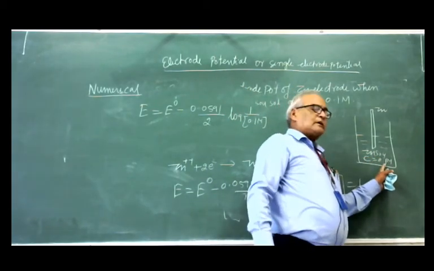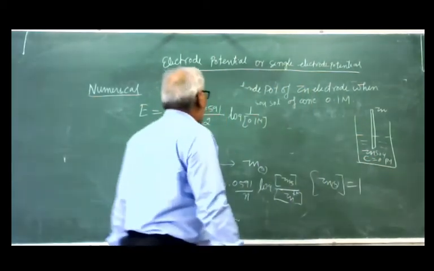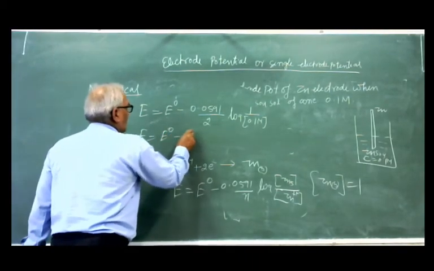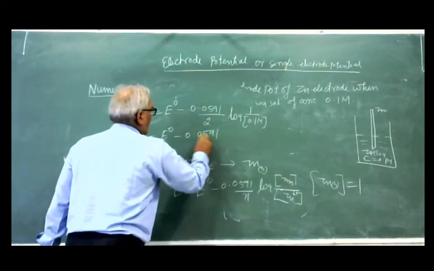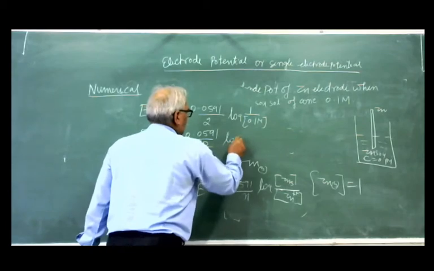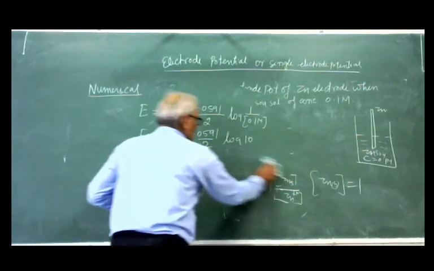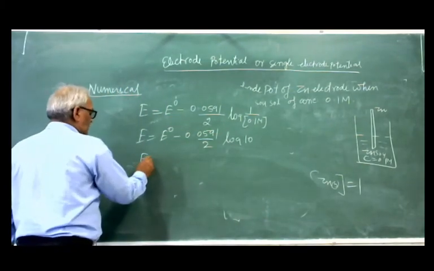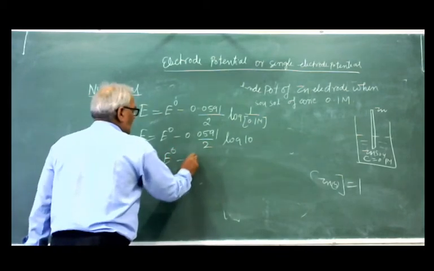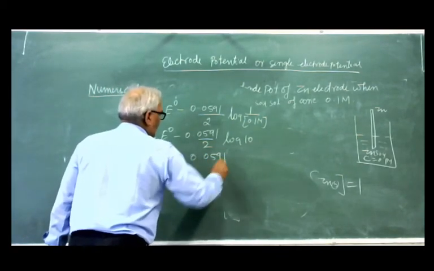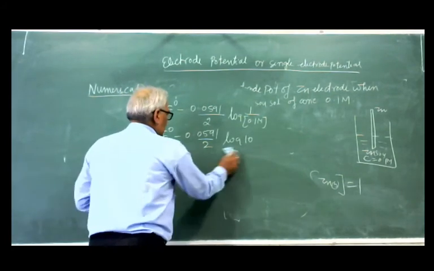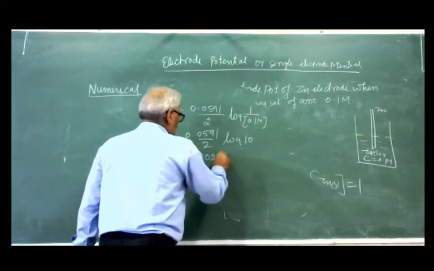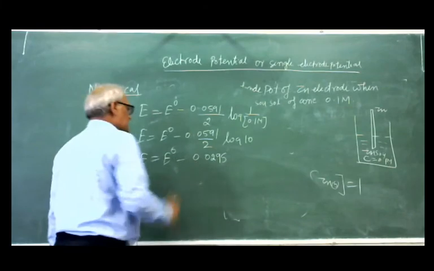Here the concentration is 0.1. So you can say E equal to E0 minus 0.0591 upon 2, and this is log 10. Log 10 is 1. So you can write here E is equal to E0 minus 0.0591 upon 2. You can say it is 0.0295, this much.